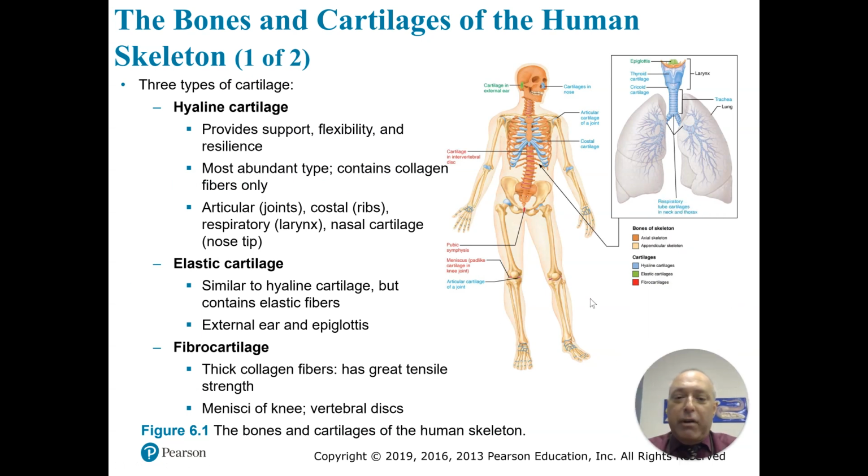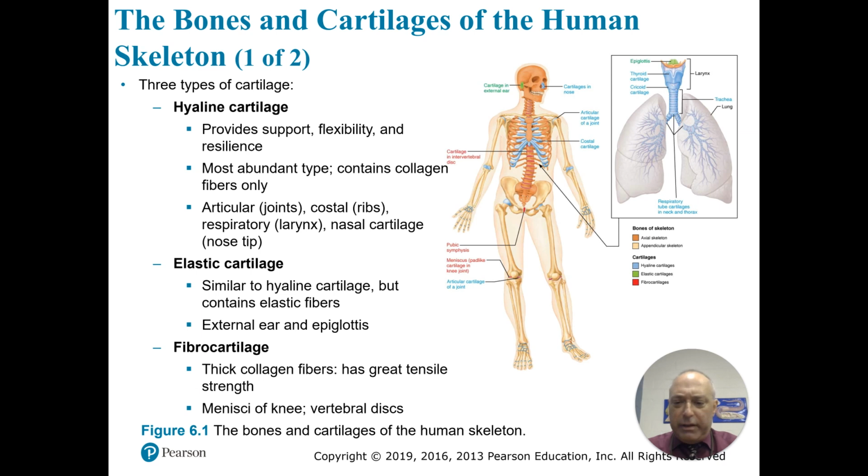So there are three types of cartilage. There's hyaline cartilage, which provides support, flexibility, and resilience. This is the most abundant type. It contains collagen fibers only. You find hyaline cartilage in the articular joints, the costal ribs, the respiratory tract like the larynx, and the nasal cartilage, like the nose tips.